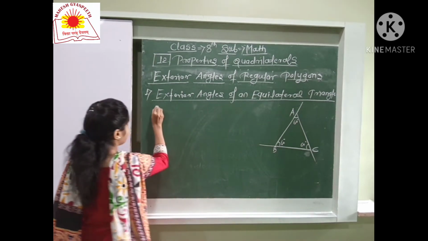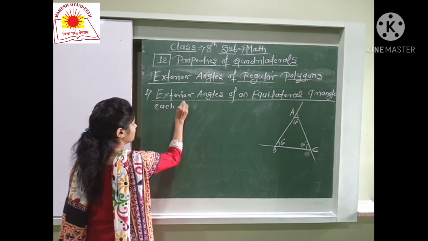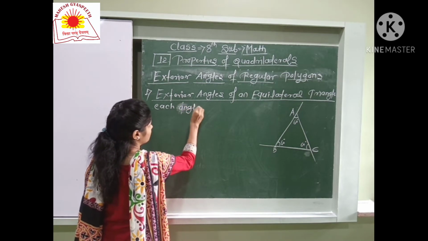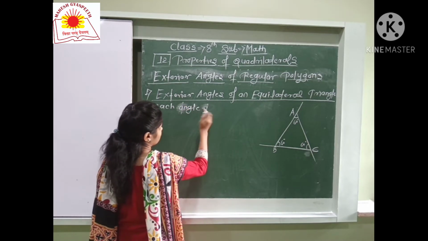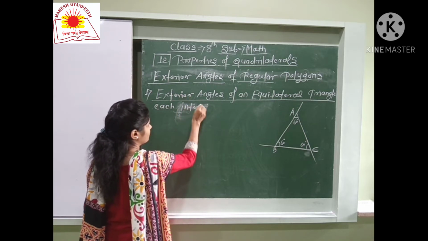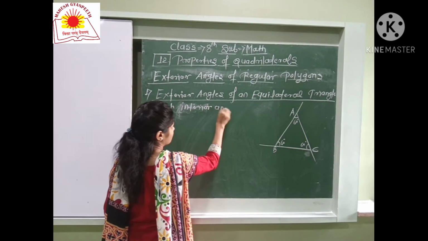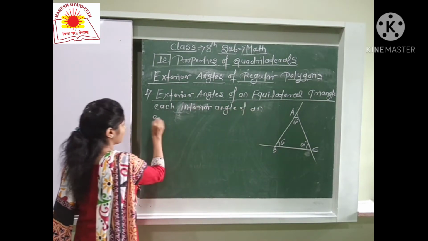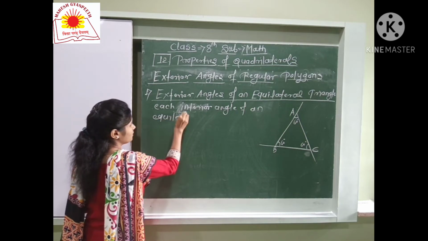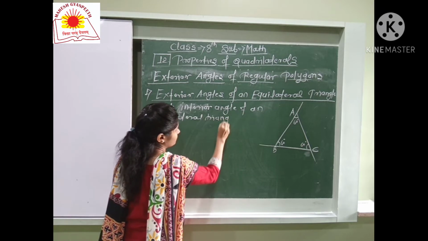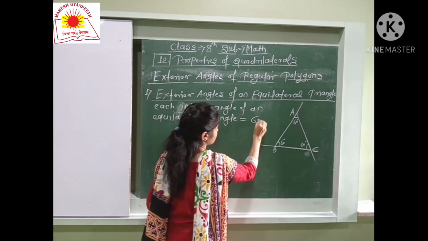Each interior angle of an equilateral triangle is equal to 60 degrees.